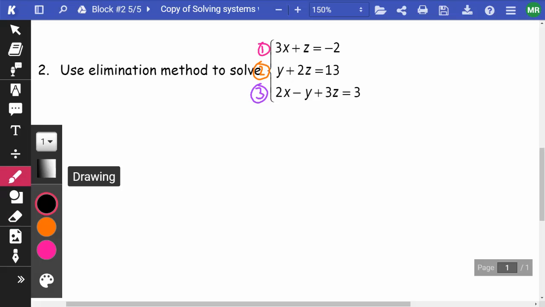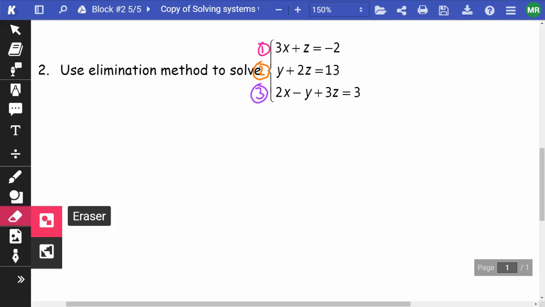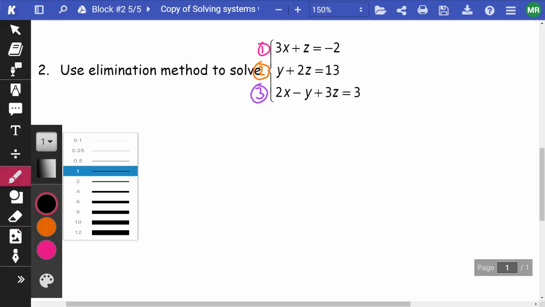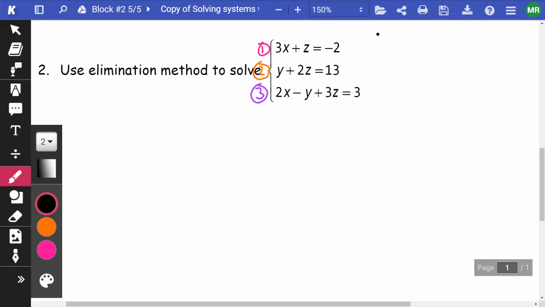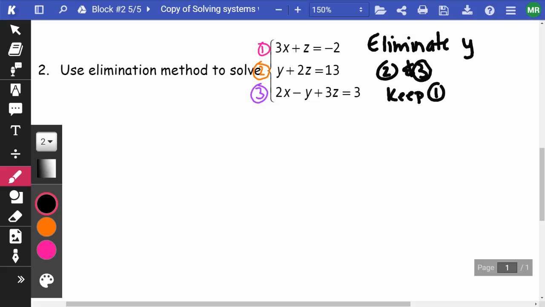Okay, so I am going to eliminate y. And I'm going to take equation 2 and 3 to do that. And I'm going to keep equation 1 because equation 1 is going to have x and z.